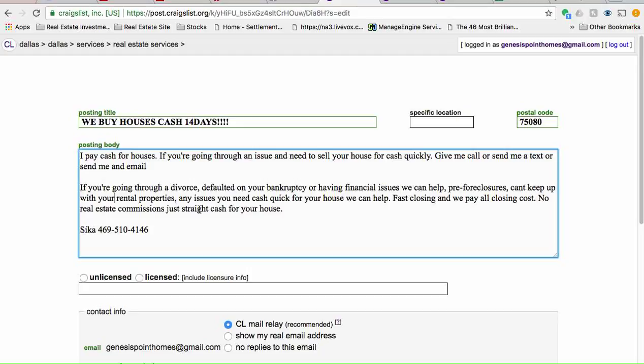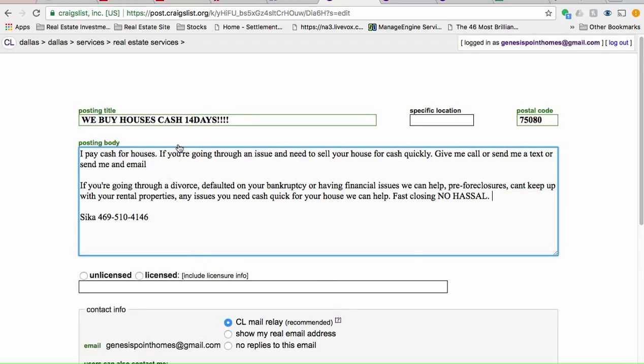Any issues? You need cash quick for your house? We can help. Fast closing, we pay all closing costs. We don't do that. Fast closing, no hassle. There we go. That's simple as that.